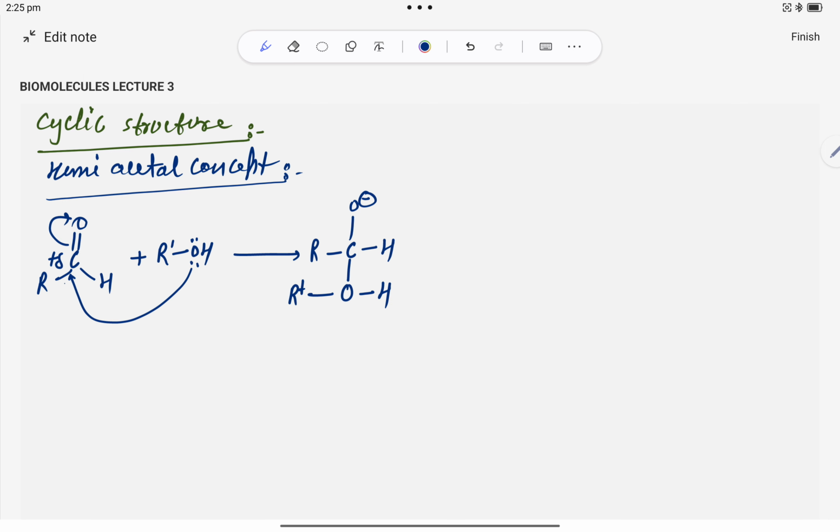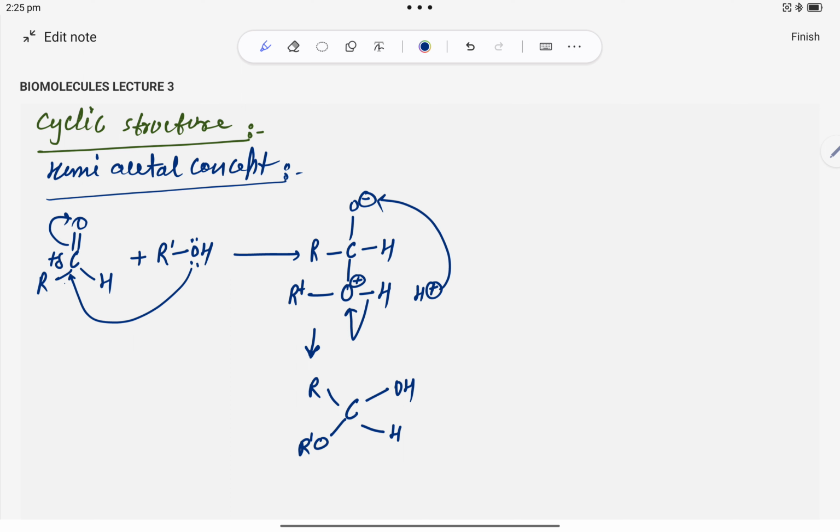What happened? This positive charge on the oxygen vanished by the hydrogen electron. Hydrogen sacrifices. From here, H plus becomes free. It will be attached with this. So simply we are getting a hemiacetal carbon, OH, one hydrogen, and here R and here OR dash.